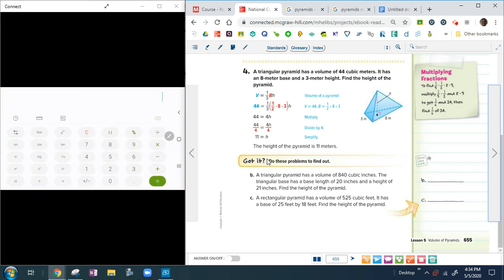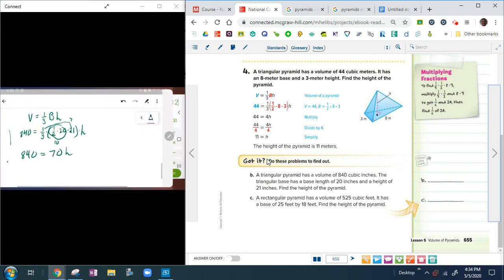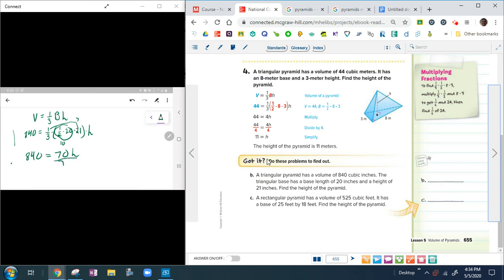Now, 840 divided by 70 gives me a grand total of 12. So I'm going to divide by 70, h equals 12. And this isn't units cubed because it's just a height. It's just a length of something. So that's going to be 12 inches. All right.